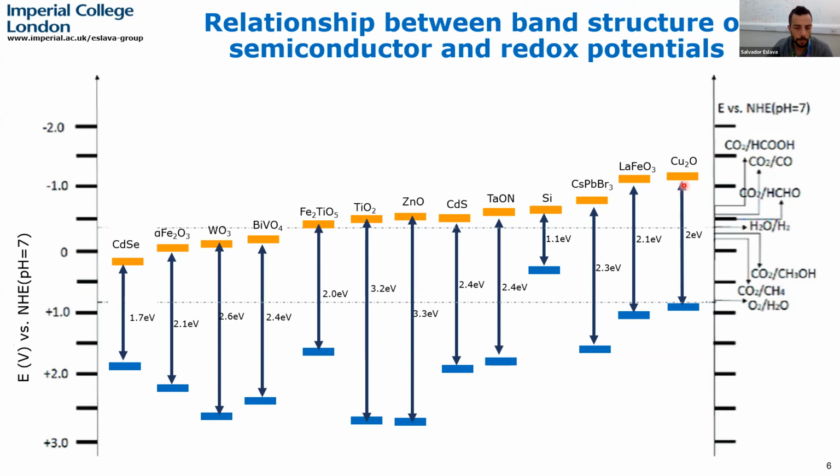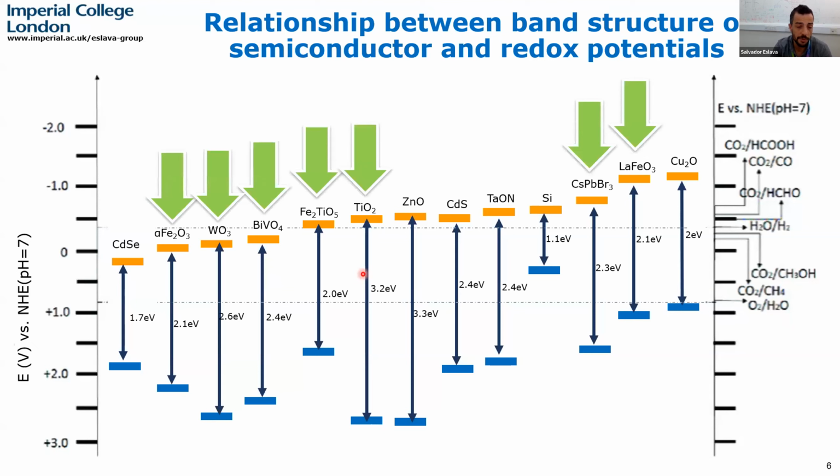We have, for example, copper oxide, zinc oxide, tungsten oxide, titania, and many different ones. Some are good for oxidations, others are better for reductions, or some absorb more in the UV, more in the visible. They are all different, but all useful for different parts of our devices.